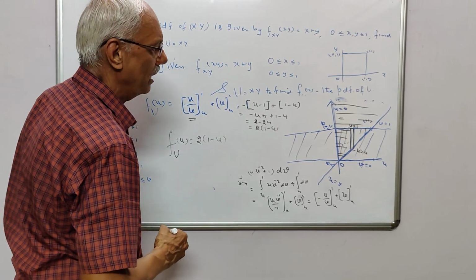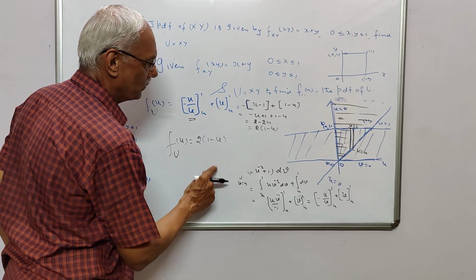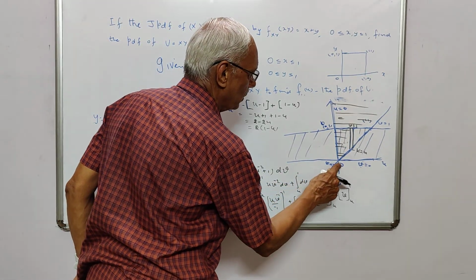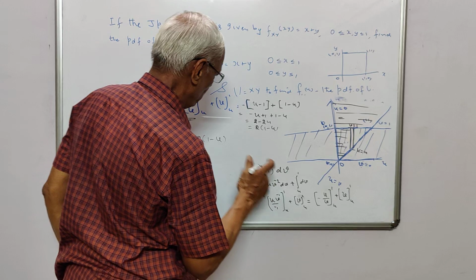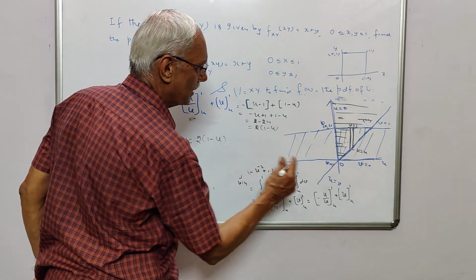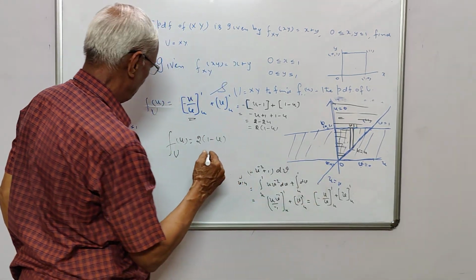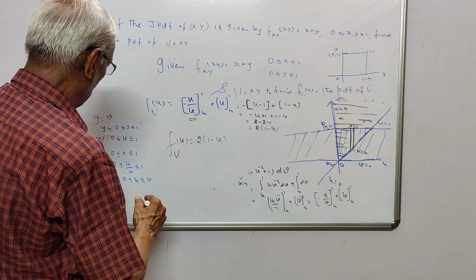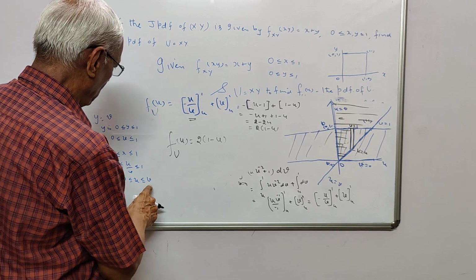Now you must know the limits of u. So u is lying between what? U is taking the values from what? 0 to, so what is the limit of u?